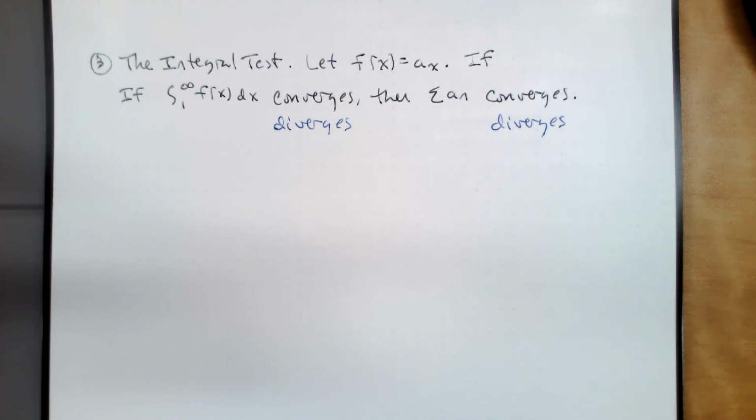We do get an important result from the integral test. We don't really want to have this integral test because we really want to integrate stuff. I mean, I really want to integrate stuff, but I don't know about y'all.